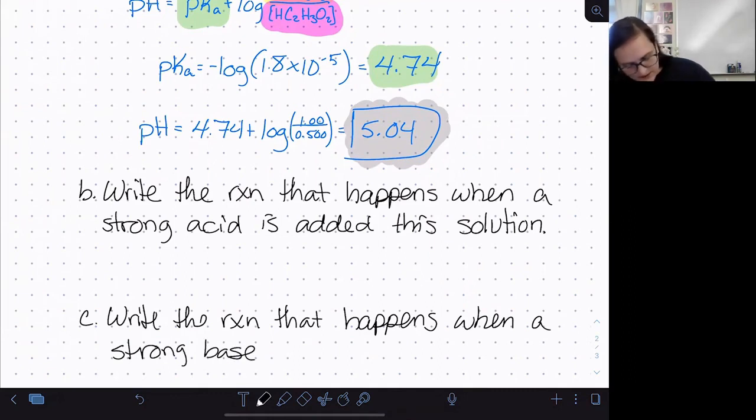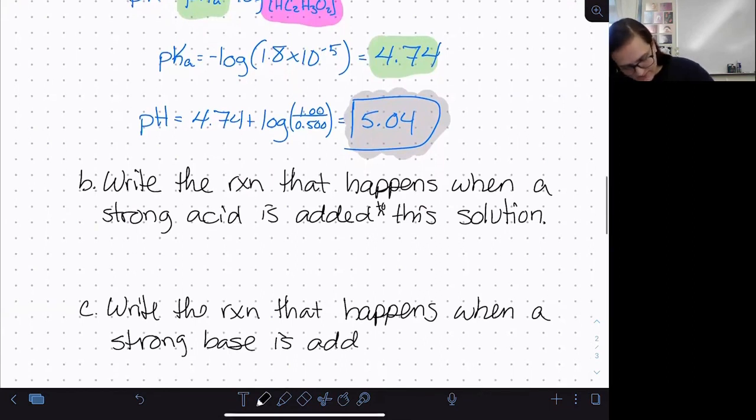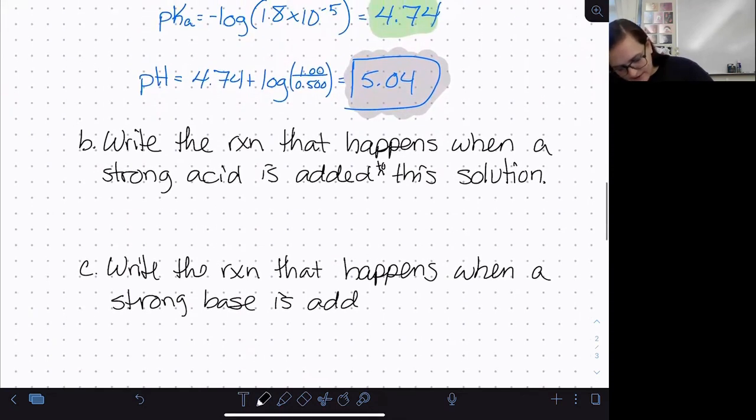So why don't you take a moment, pause here, and try to write these two reactions on your own.